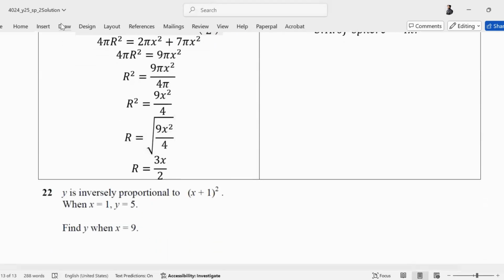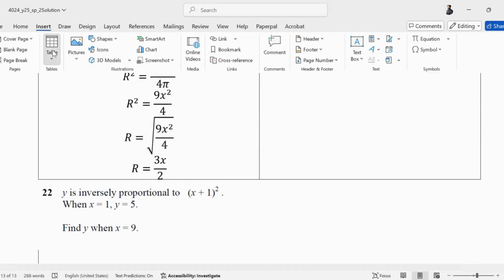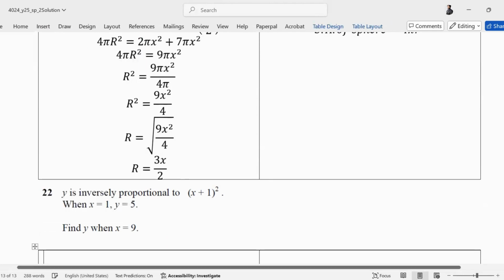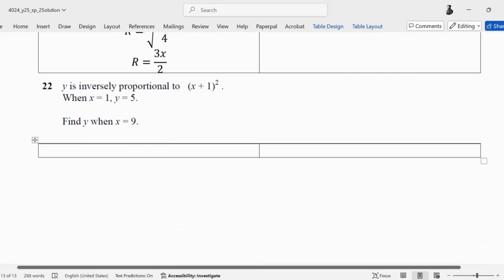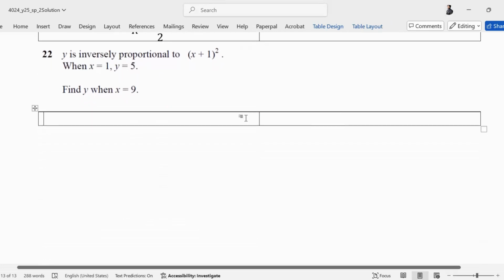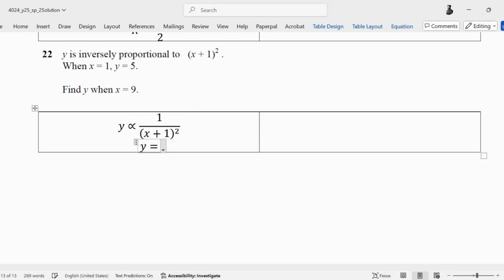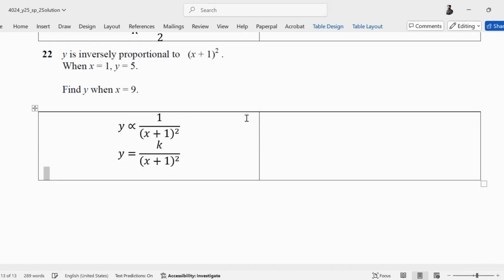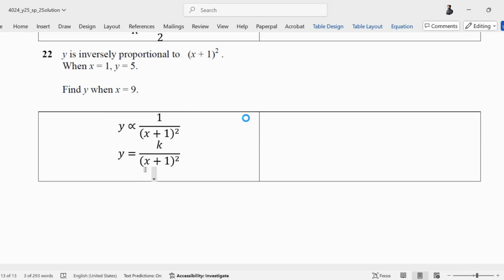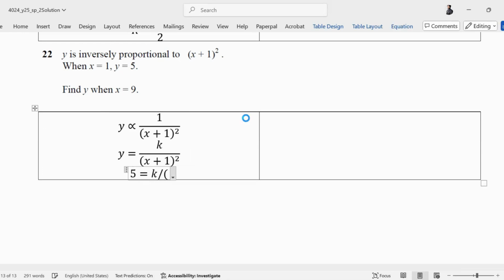y is inversely proportional to (x plus 1) squared. I'll again attempt it through two ways. When we know two quantities are inversely proportional, their product is constant. So first, the basic generic way which the students prepare: y is inversely proportional to (x plus 1) squared. Whenever we remove the proportionality sign, we use a constant. When y was 5, x was 1.